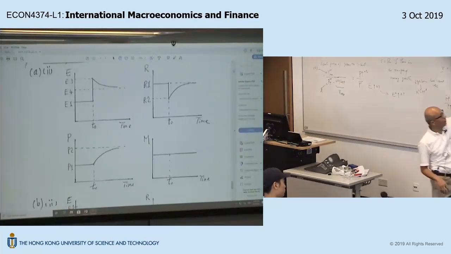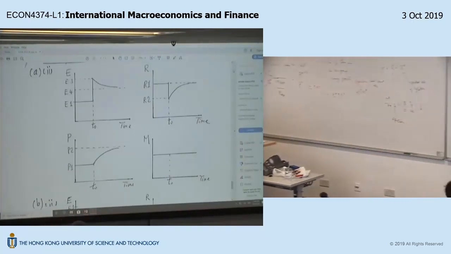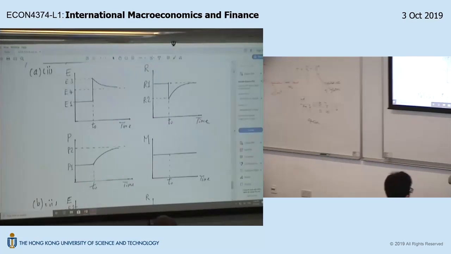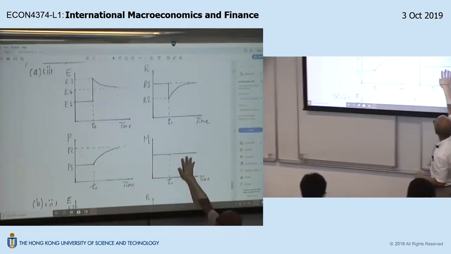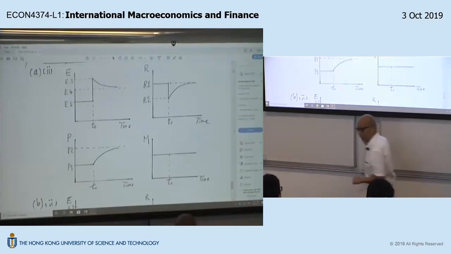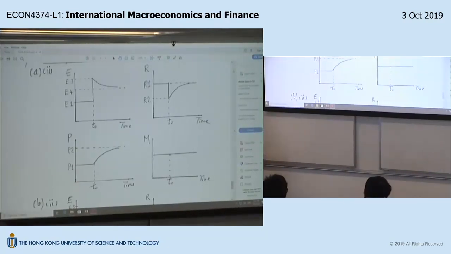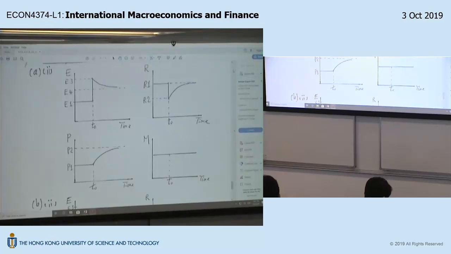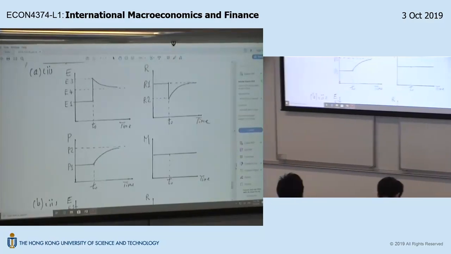There's overshooting, and then the interest rate falls and then rises, and then the price will gradually rise, but the money supply is unchanged. So it's like that, okay? Is that clear? When it's temporary, it's actually much easier.